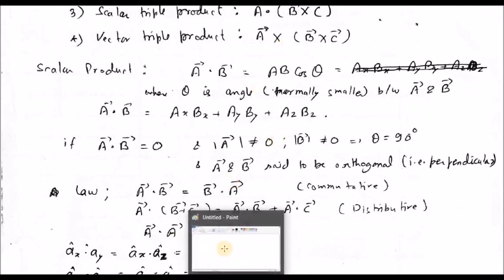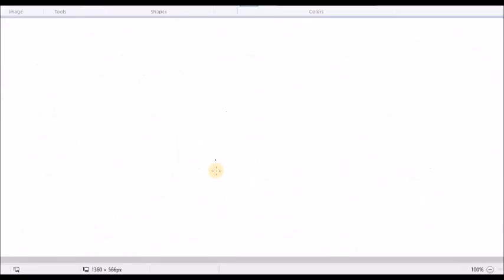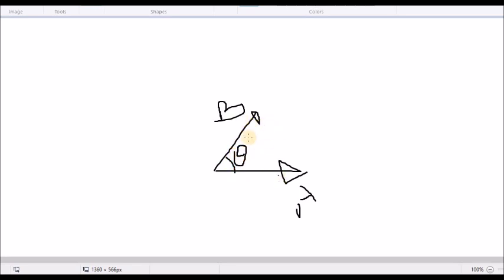And this cos theta term, you can say, suppose this is your A vector, this is your B vector, and this angle is theta, then A dot B will be A into B into cos theta.